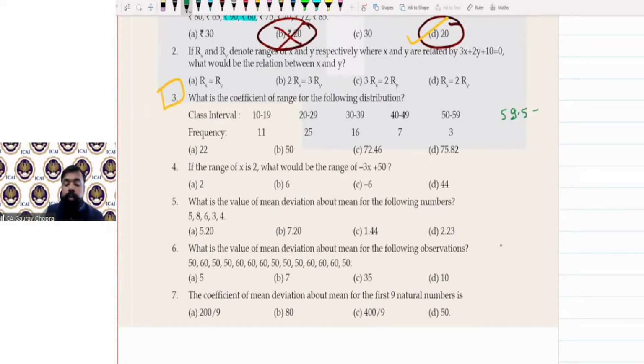Lowest value will be 9.5. And then for coefficient, H plus L will come in denominator. And at last multiply by 100. In this way, you will get your answer. The correct answer will be option number C, that is 72.46. Okay, so H minus L upon H plus L multiplied by 100. So this is your final answer.